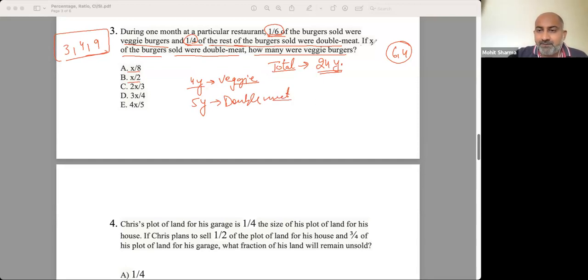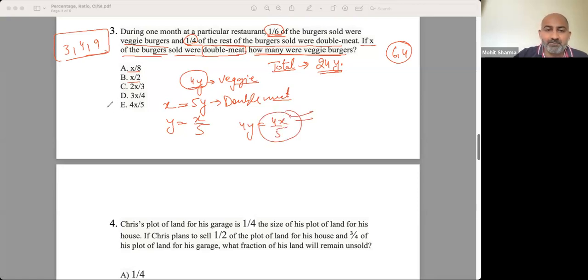X of the burgers sold were double meat, so this 5y is equal to X. How many were veggie burgers? So y is equal to X by 5. And what we need is 4y. So 4y would be 4X by 5. Simple.